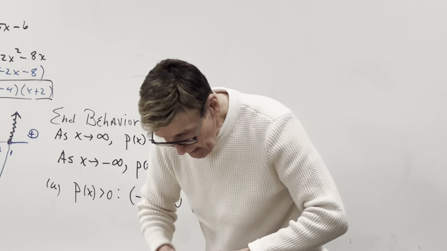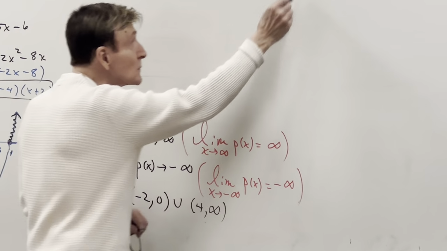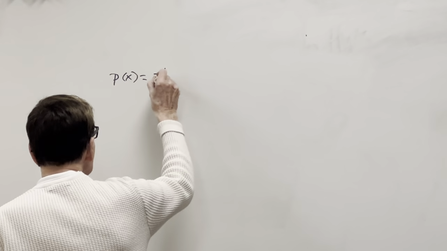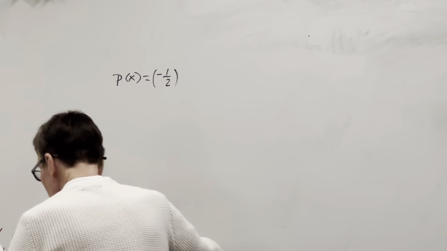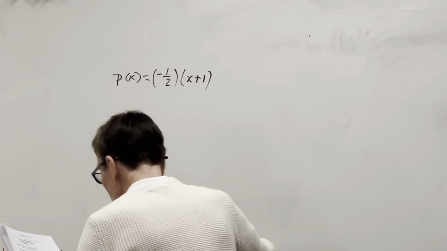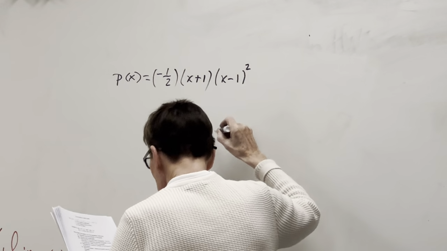I want to get a sketch of P of x is equal to negative 1/2 times (x plus 1) times (x subtract 1) squared times (x subtract 2).